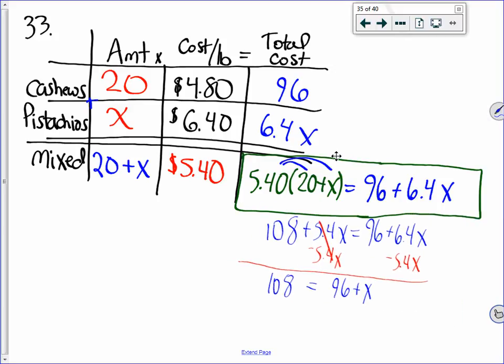And then at this point, I can subtract that 96 from both sides. And x is 12. So when we look, it says how many pounds of pistachios? Well, that is x.